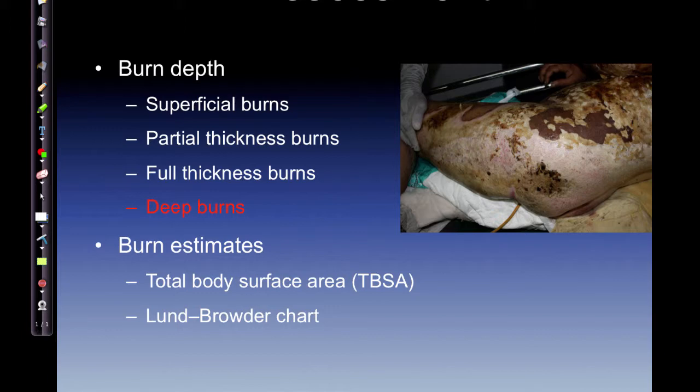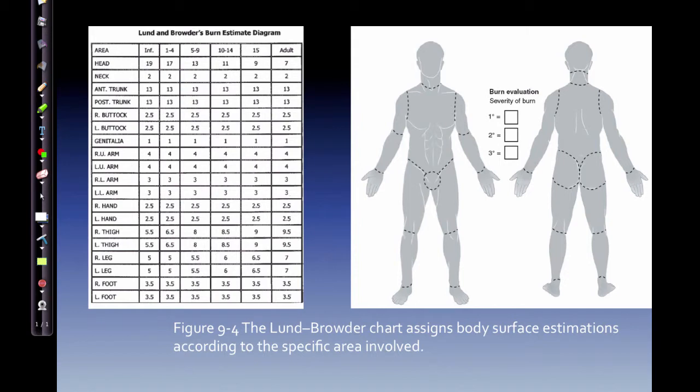Whenever we're looking at burn estimates of total body surface area, the best way to do this, and this is what the Burn Center uses, is called a Lund-Browder chart. It's the preferred method. It assigns body surface estimations according to a specific area. And this is a Lund and Browder burn estimate. So the head in an infant, 1 to 4, 5 to 9, or an adult, the head is worth about 7%.